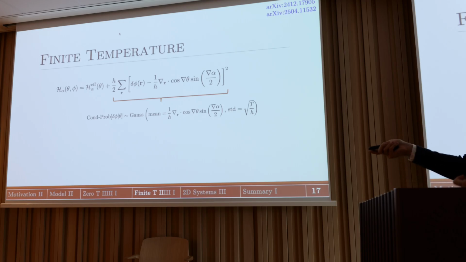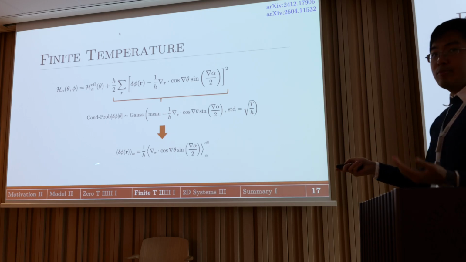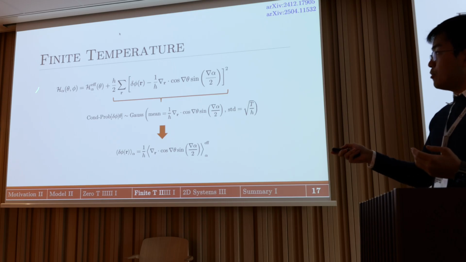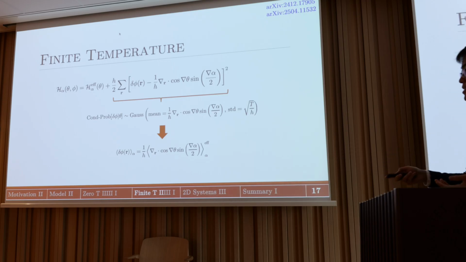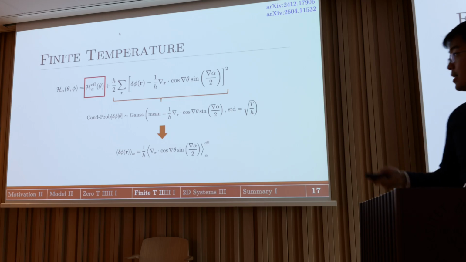Now, what this fancy writing tells you is that if I were to calculate the thermal average of my order parameter delta phi with respect to my full Hamiltonian, it would be equivalent to replacing delta phi with its conditional mean and computing that thermal average with respect to my effective Hamiltonian. So this tells you that if the effective Hamiltonian has a non-zero transition temperature, then so does my delta phi. So far, so good?